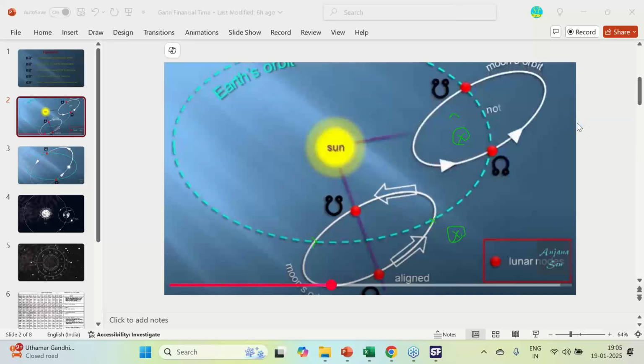Our lunar node. Every time, you can say, we are taking some 29 days for the moon to revolve around the earth. During this time, full moon, new moon, everything comes. However, solar eclipse and lunar eclipse don't come every month. Whenever a proper configuration happens, at that time you can experience that.